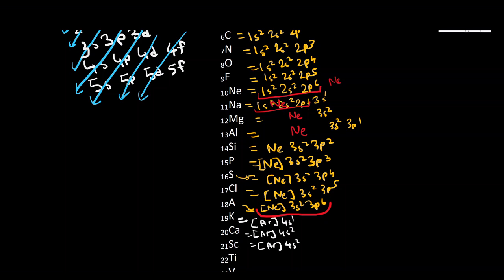Now we have to move to the next one, which is 3d. So 3d can have how many, if you remember? 10 electrons. So 3d1.